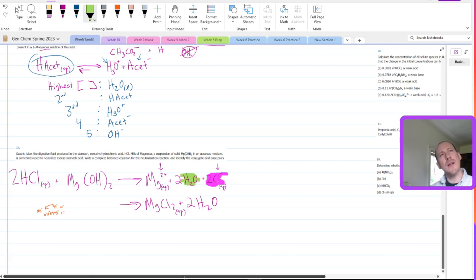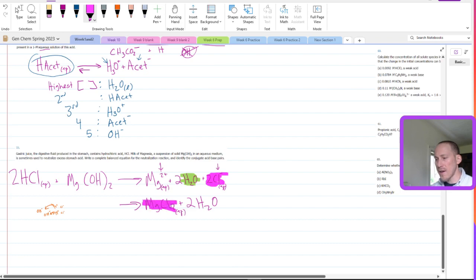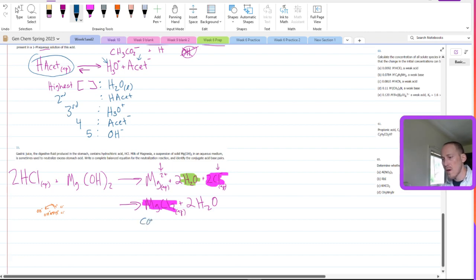So would we call magnesium? Yeah, I guess really what we should do to be super thorough, let's call magnesium chloride the conjugate base, because that takes care of both parts.